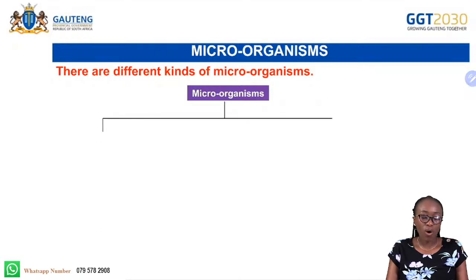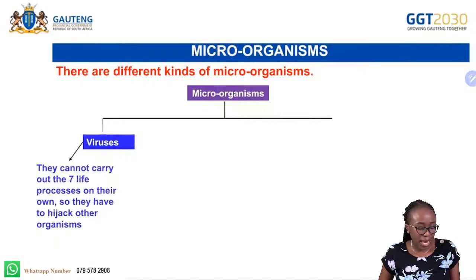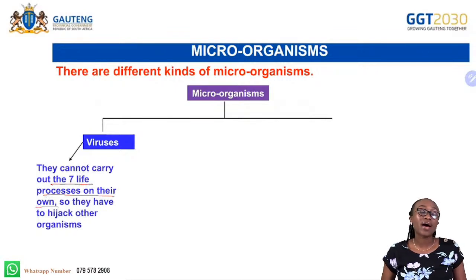Firstly, we have what are called viruses. What are they? Viruses are microorganisms that cannot carry out the 7 life processes on their own. So they tend to hijack other organisms, and the hijacked organism is then called a host.